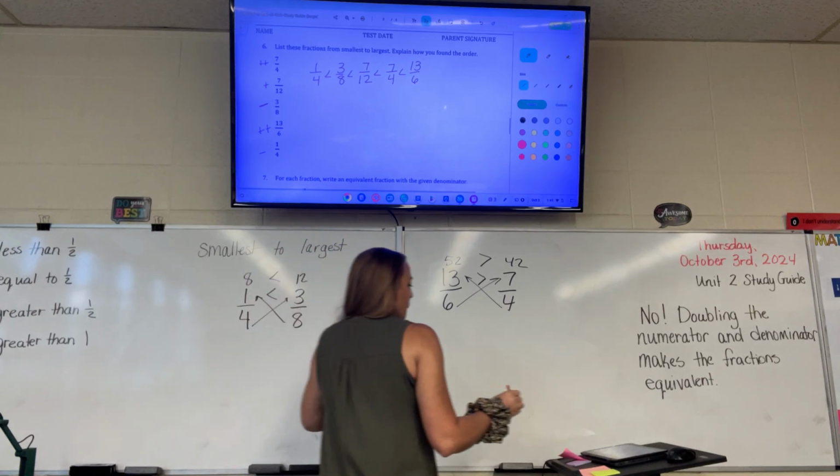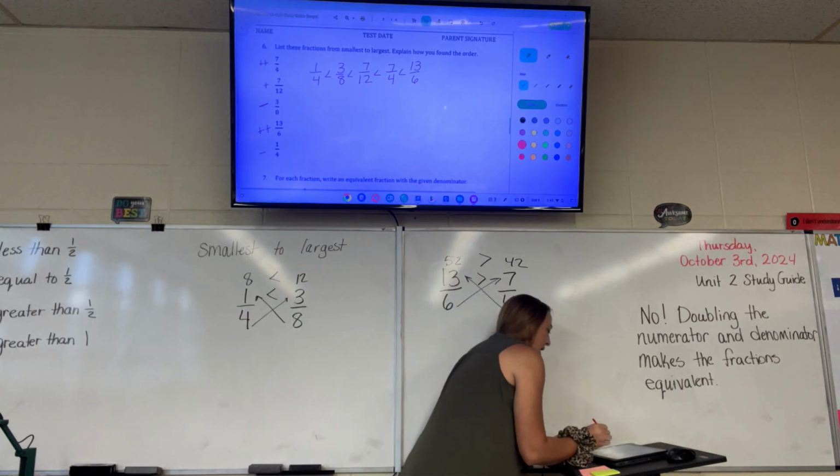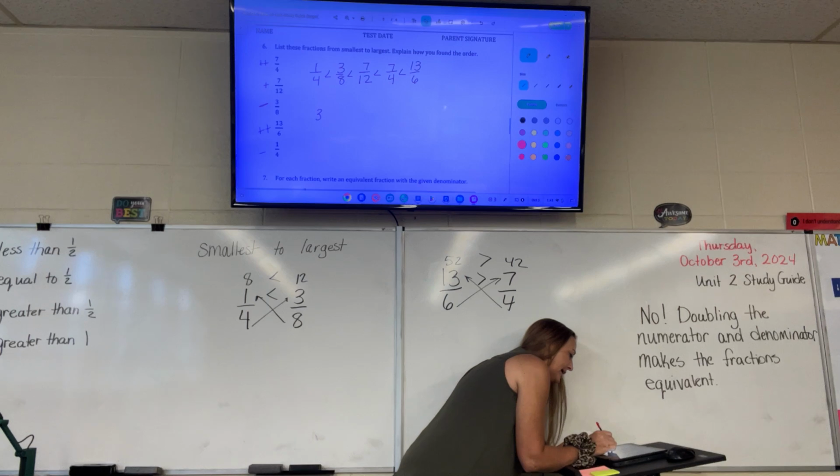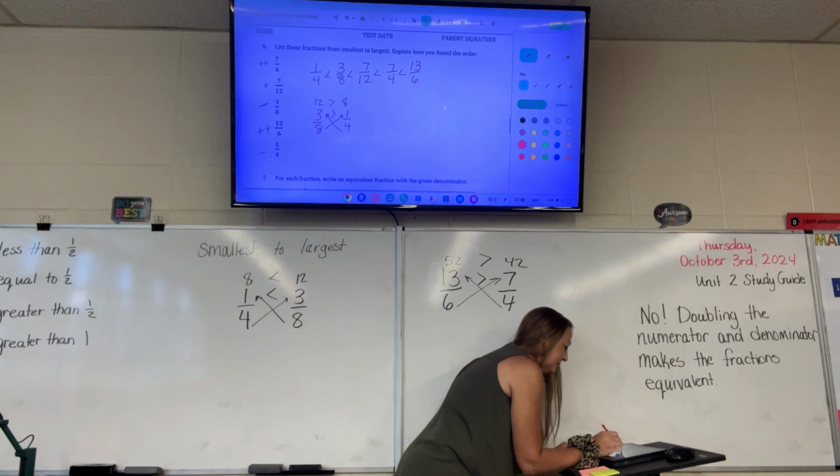I do want you, for studying purposes, to copy down the two cross multiplying. So 3/8 and 1/4. 8 times 1 was 8. 4 times 3 was 12. 12 is bigger, so 1/4 was our smallest.